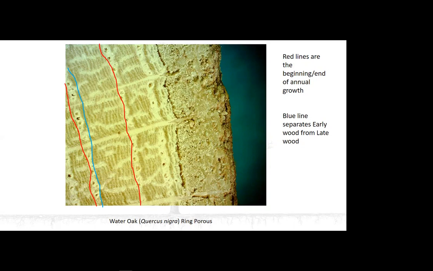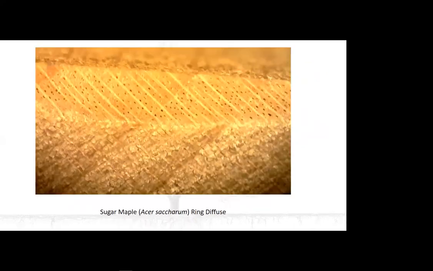Sometimes it's not even easy to see that annual growth in trees. This is sugar maple, Acer saccharum, and this is what we call ring diffuse. That is, it produces vessel elements of approximately the same size throughout the growing season.